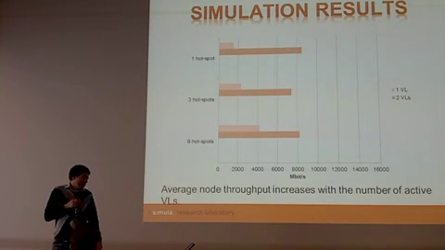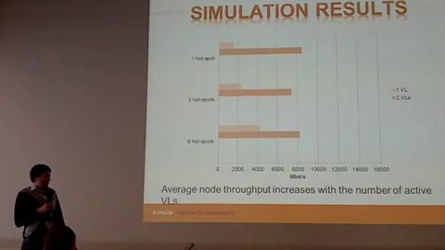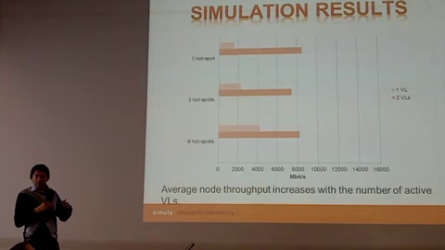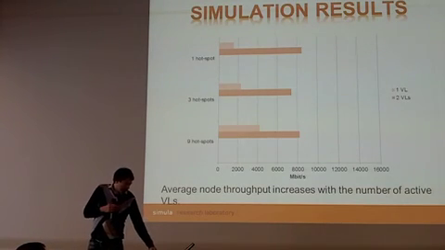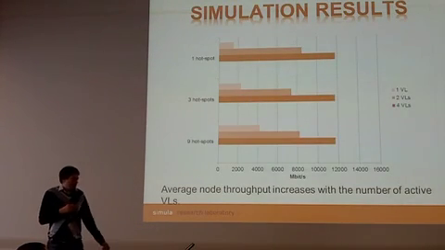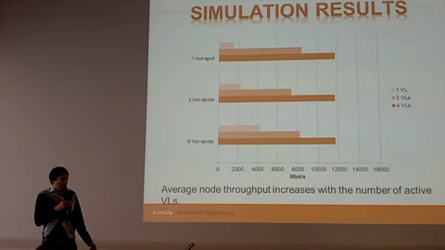Adding 2 virtual lanes, we see a huge increase in performance again. And this happens for all scenarios, as we are again able to avoid some of the head of line blocking and thereby increase performance. With 3 virtual lanes, we see a further increase, but again, the largest improvement is found when going from 1 to 2 virtual lanes.